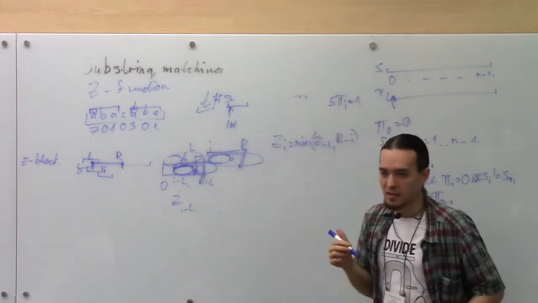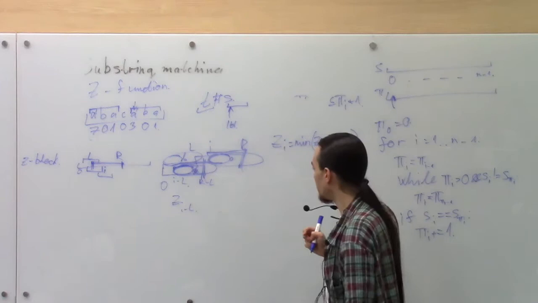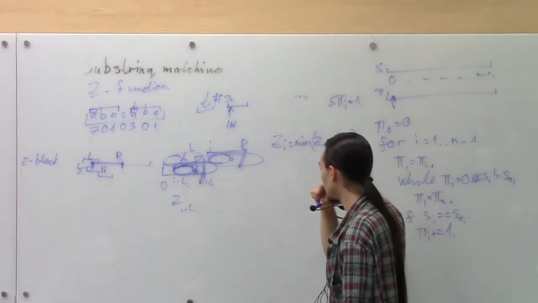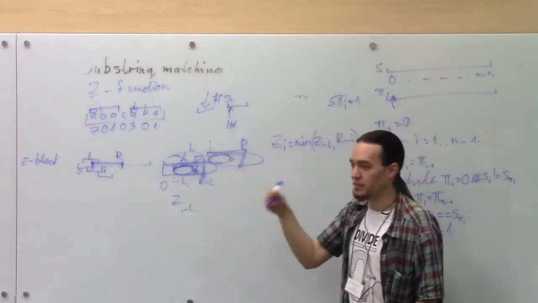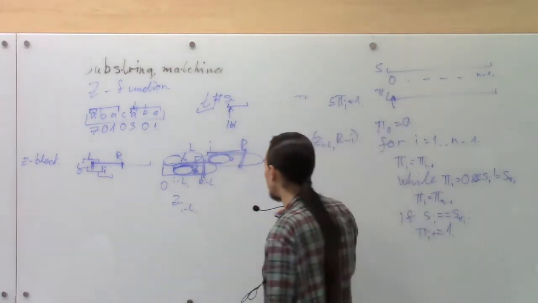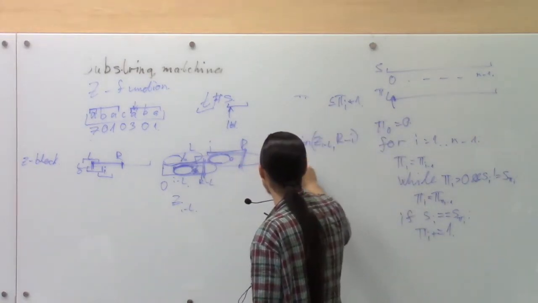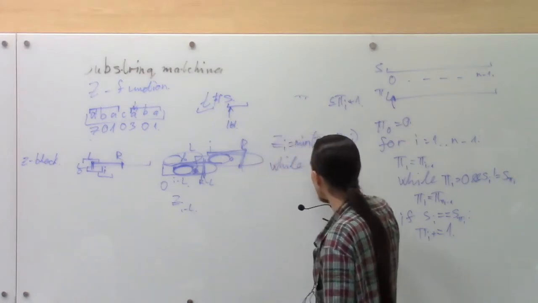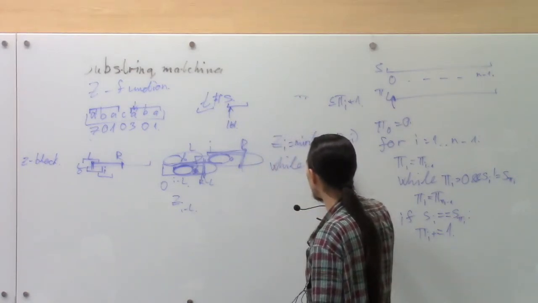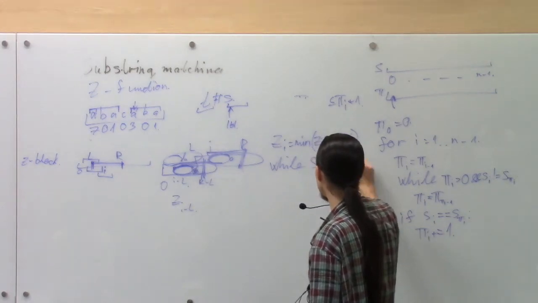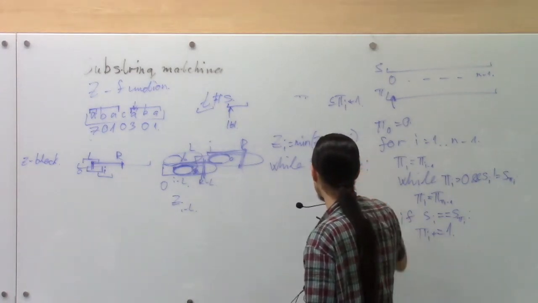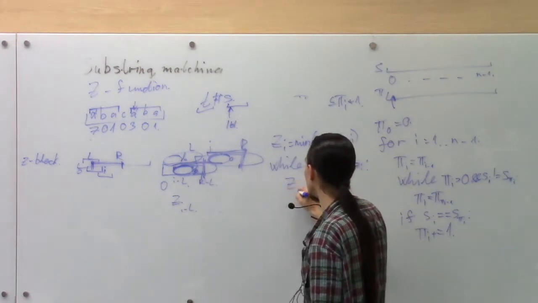After that we are going to try to increase our Z block by continuous iteration. So we write: while S[i plus Z[i]] is equal to S[Z[i]], we increase Z[i].